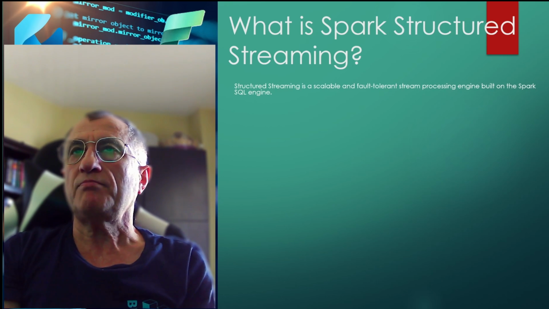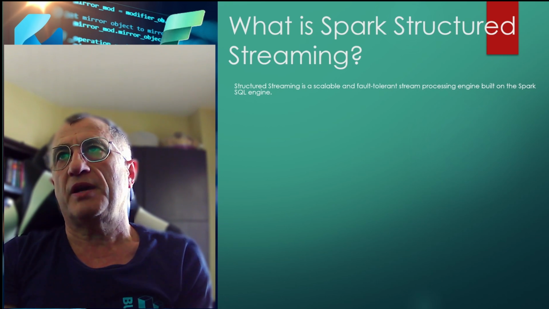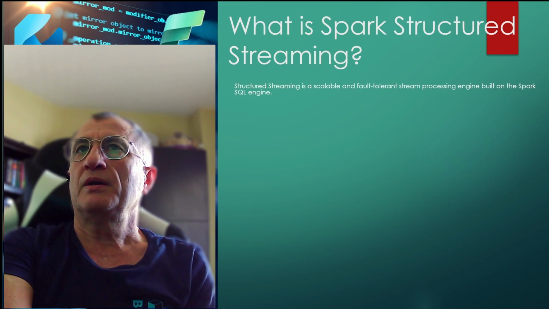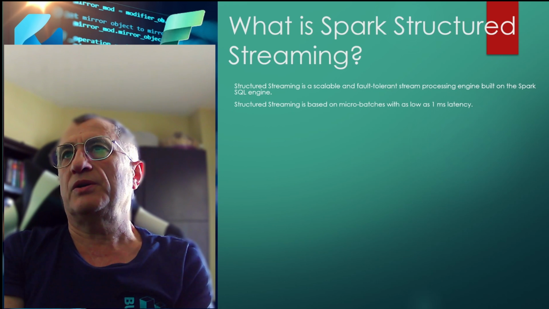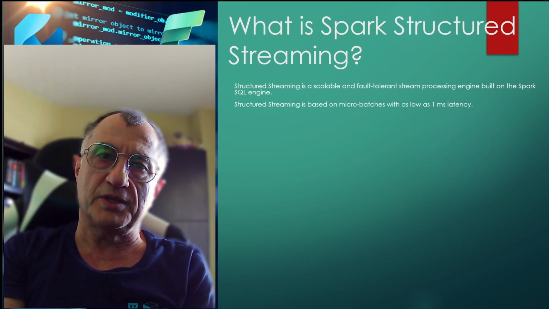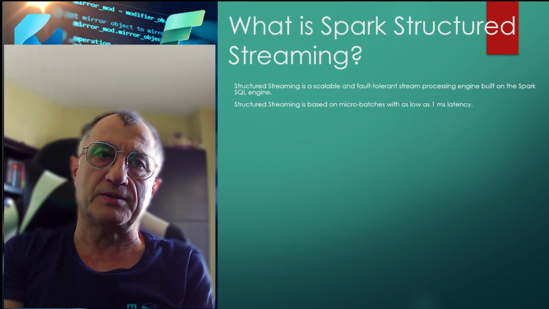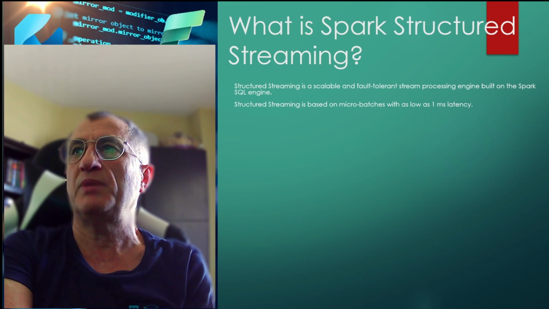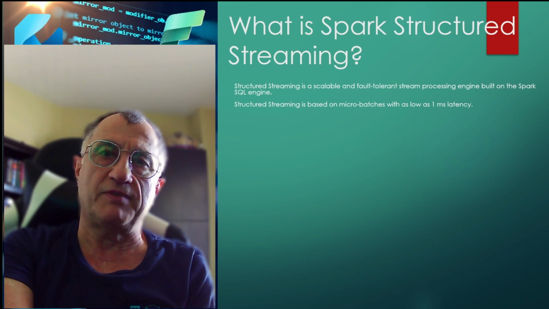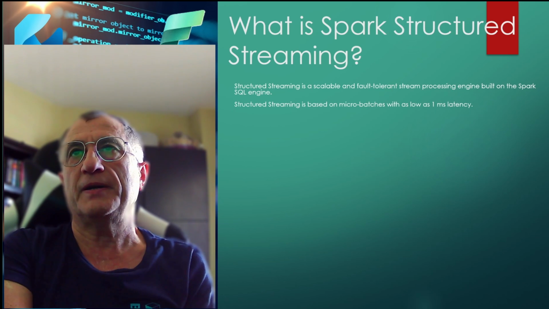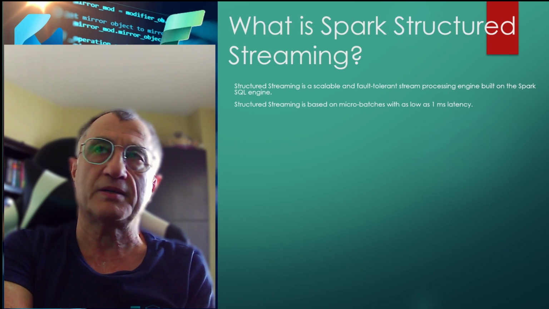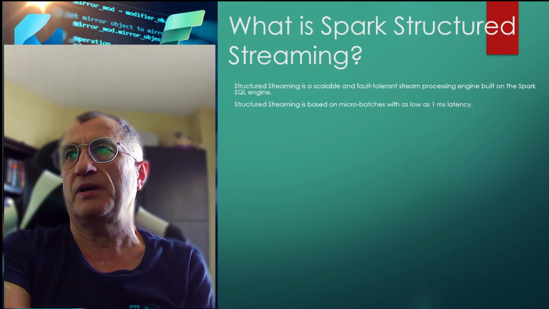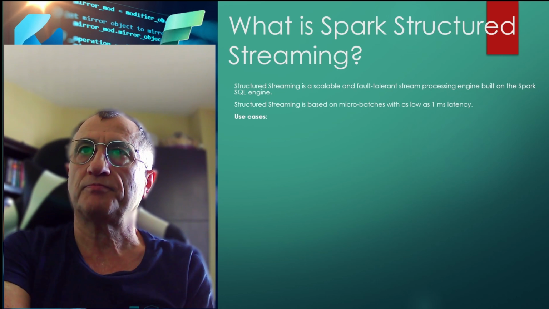So Spark structured streaming is a scalable and fault-tolerant streaming system. It's based on micro batches, so each micro batch could be as short as 1 millisecond. By default, it's 500 milliseconds, but with the latest version of Spark, that latency can be as low as 1 millisecond.